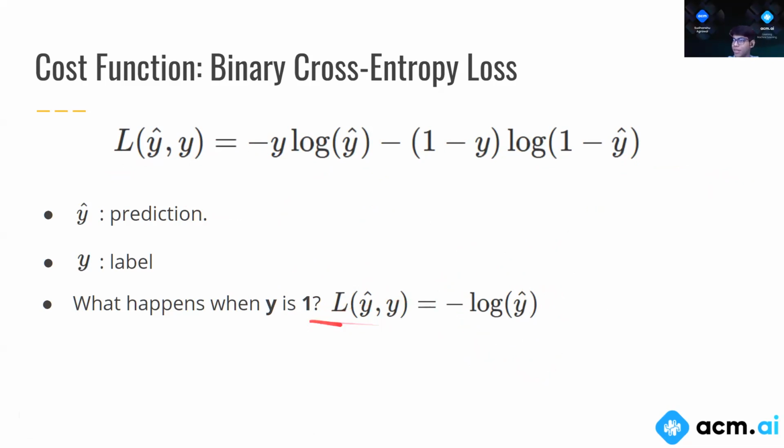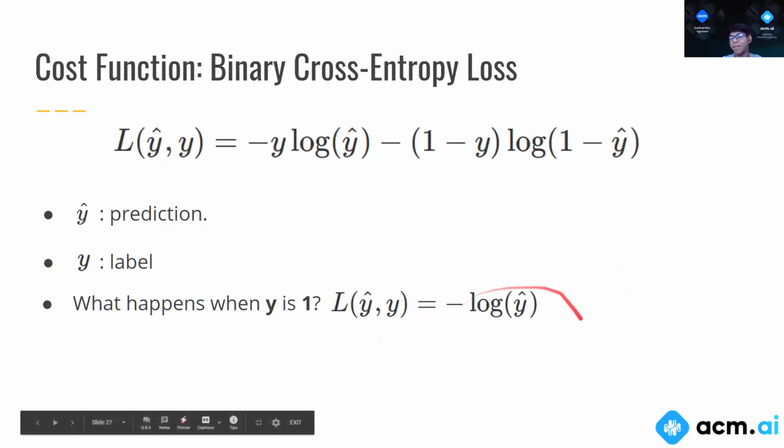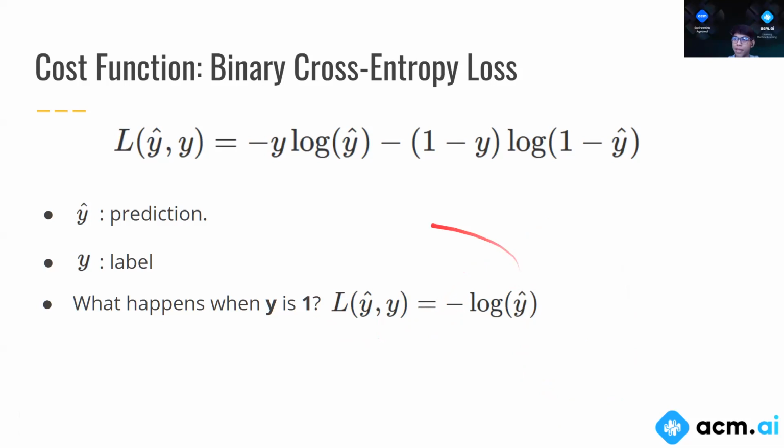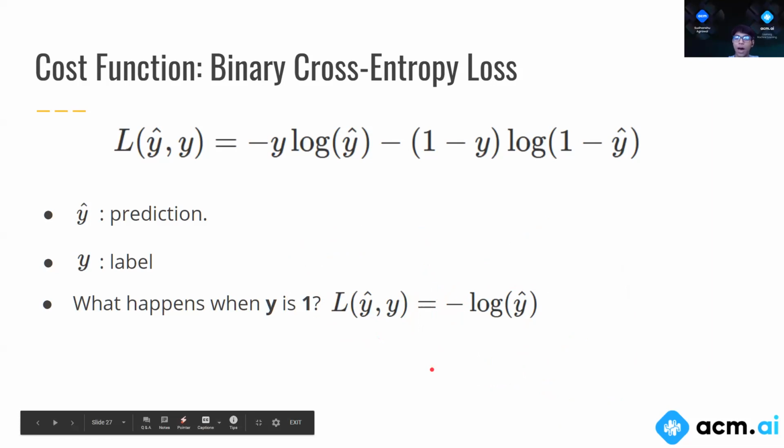But remember, we want to decrease loss. So we just stick a negative sign there, and overall, this term ends up decreasing. Let me repeat that. By increasing y hat, by bringing it closer and closer to our true value of 1, this entire term ends up decreasing. So our loss, or our error, ends up decreasing.